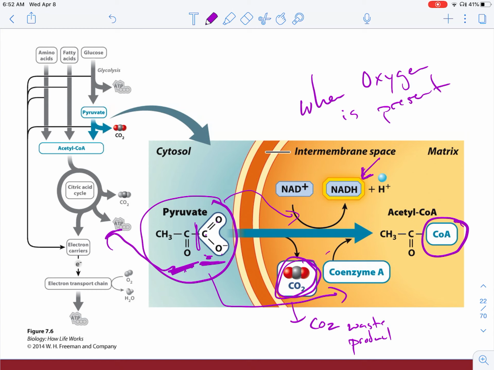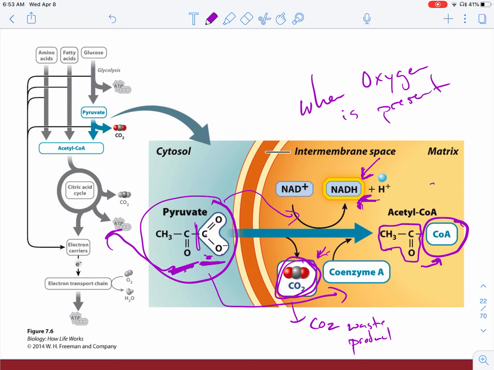So this process to prep the pyruvate to go into the citric acid cycle translocates pyruvate into the mitochondria, removes the carbon dioxide from that pyruvate to form an acetyl group, links that acetyl group to the enzyme coenzyme A, and forms a reduced electron carrier NADH in the process. So this is the first time that we've actually lost a carbon from glucose.